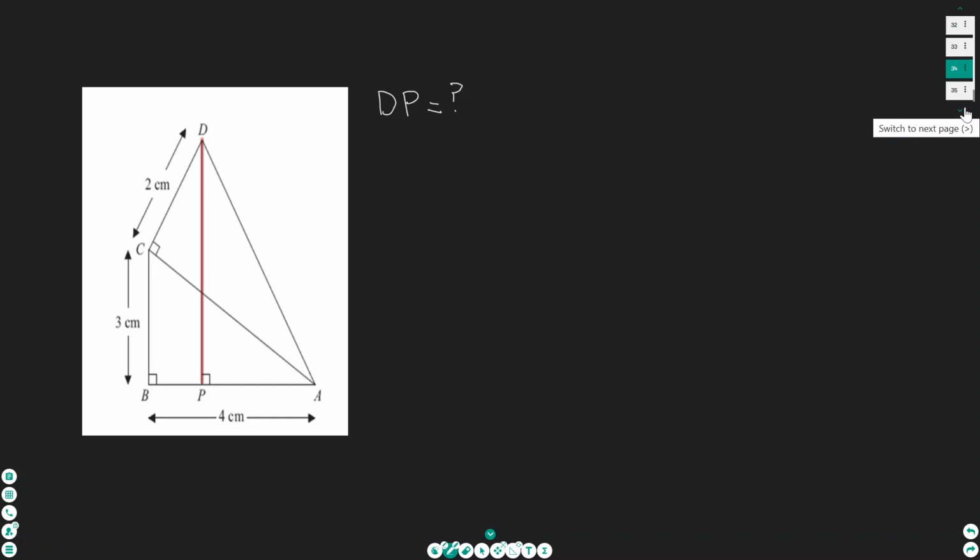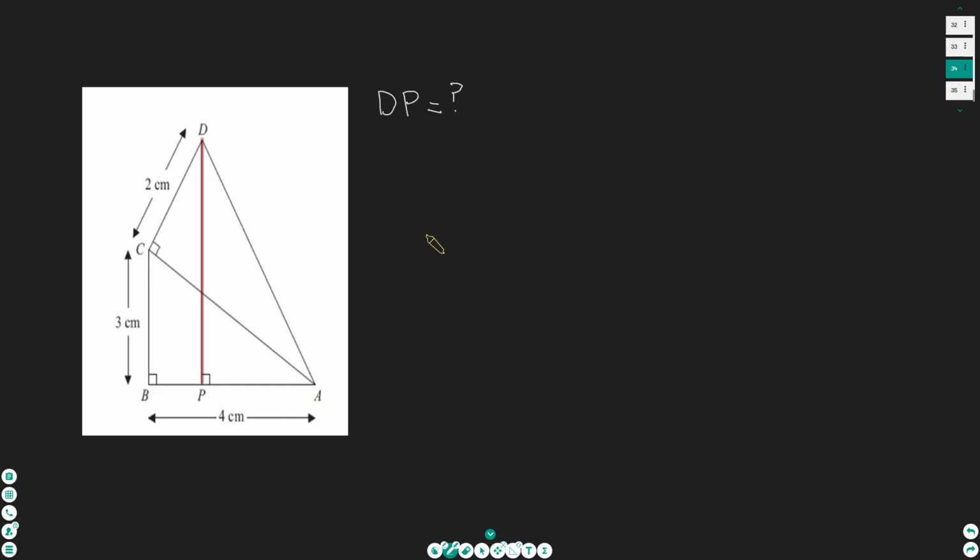In this exercise, we have three right angle triangles, and we want to find the side DP. Before finding the side DP, it is necessary to find missing sides and angles. We can find the AC, the hypotenuse of the right angle triangle CBA, by applying the Pythagoras theorem.